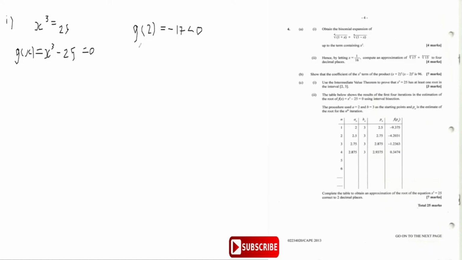And then g of 3 is going to be equal to 3 cubed, which is 27. 27 minus 25 is 2, which is greater than 0. Aha, so good. So now we can tell them, say yes. By IVT, we're good.